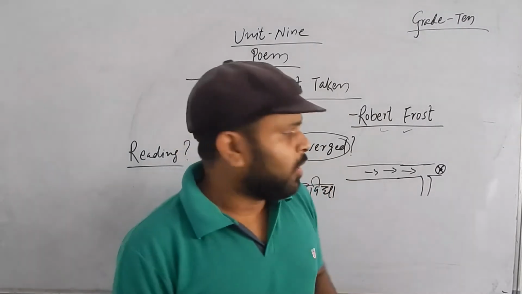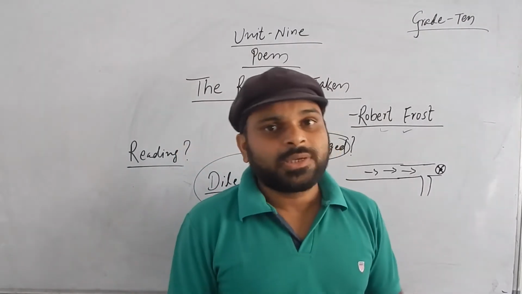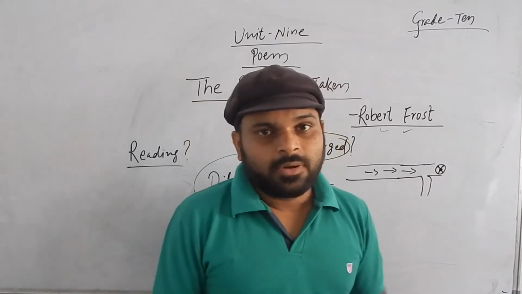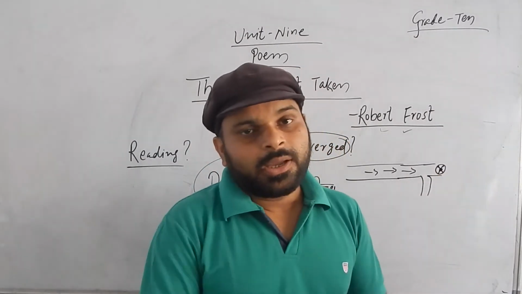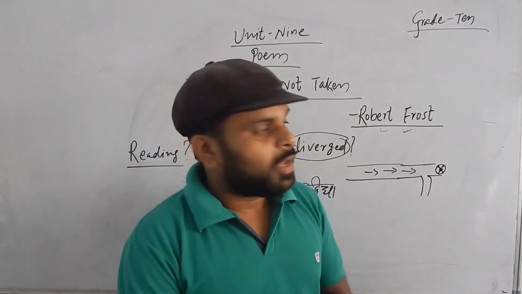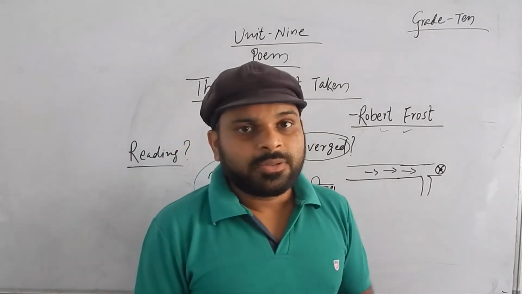So how is Robert Frost undecided to choose the diversion, or will he be going the same way he started through?